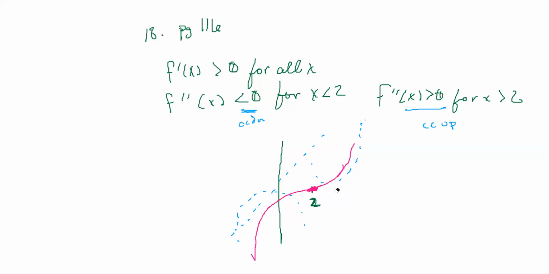In addition, you can move this up and down wherever you want, because we don't have any other parameters, so it could look like that, and it could look like that, as long as it's concave down before 2 and concave up after 2. So that is question 18.